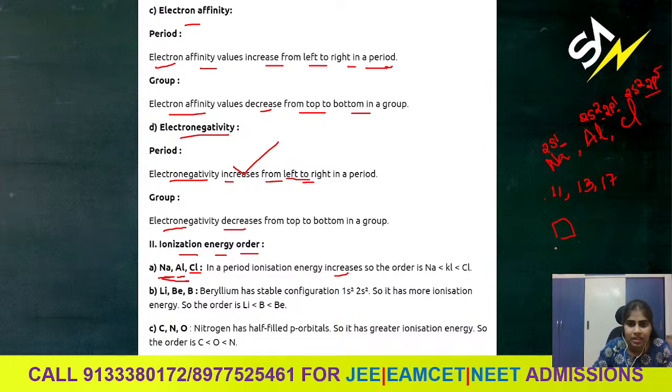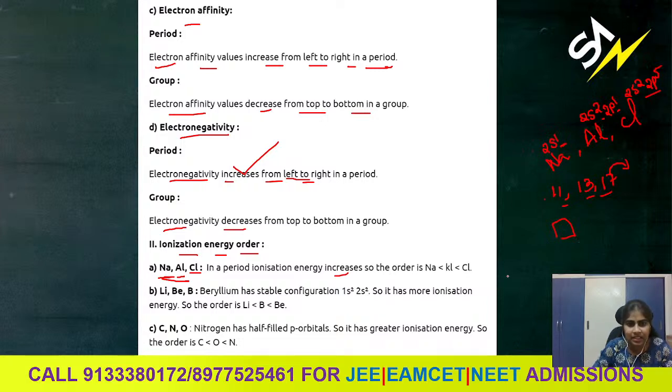So here the ionization energy value increases. It means the electron we need to remove from chlorine requires more ionization energy compared to that of sodium.